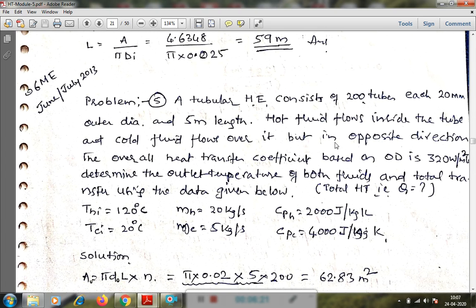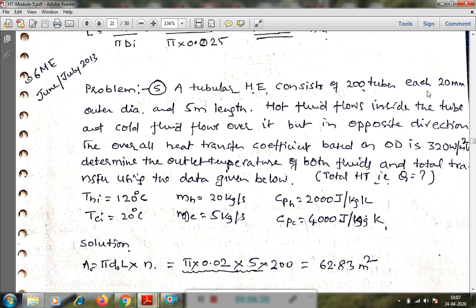The another numerical: a tubular heat exchanger consists of 200 tubes, each 20 mm outer diameter and 5 meter length. Hot fluid flows inside the tube and cold fluid flows over it, but in opposite direction. That means it is a counter flow heat exchanger.